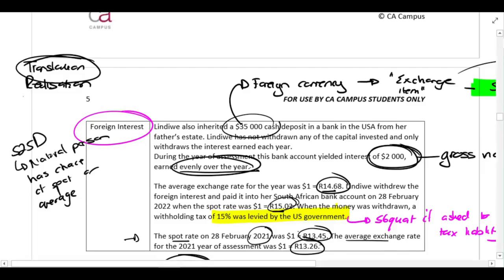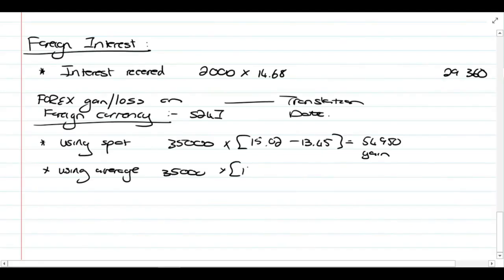And now let's do the same for the average. The average last year was 1326, and it is now 1468, still a gain. And how much is this gain? 49,700 gain.